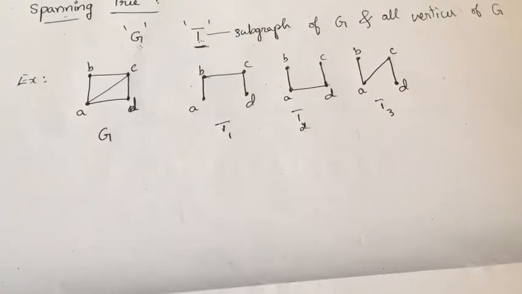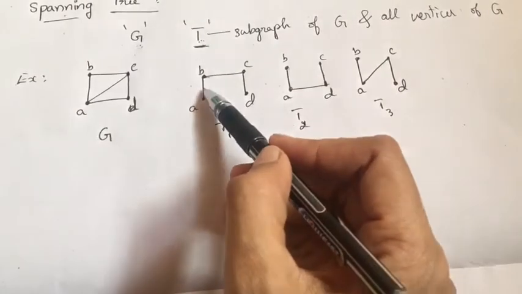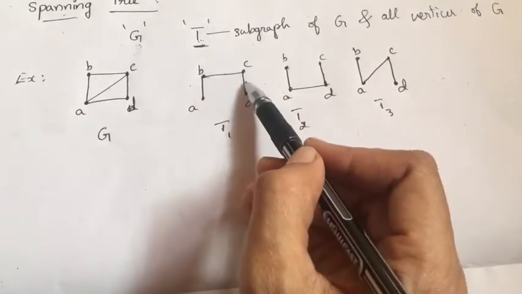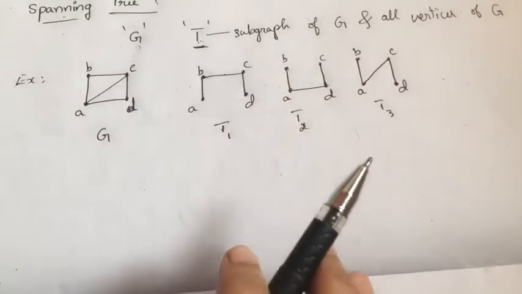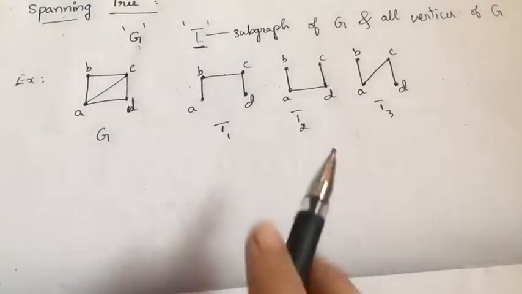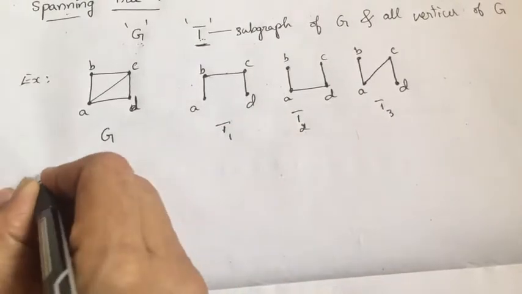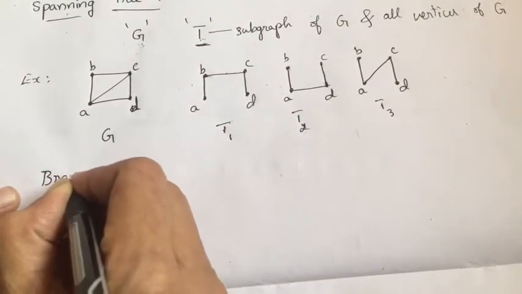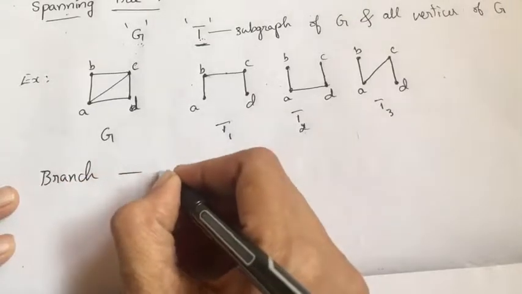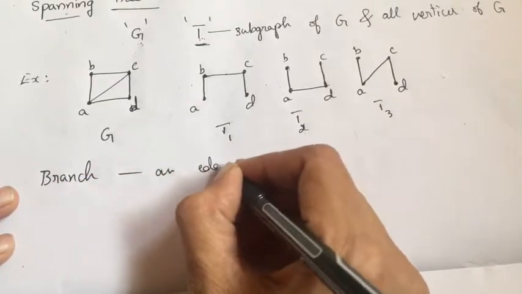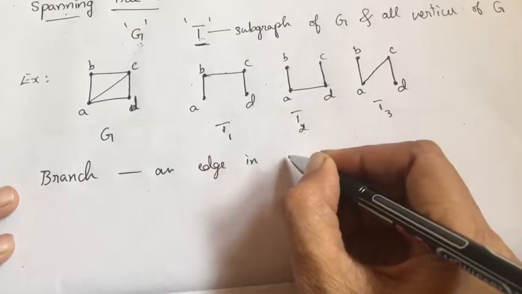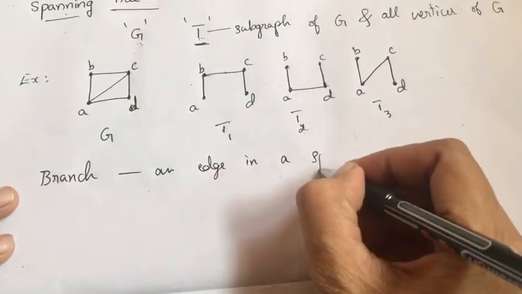In a spanning tree, an edge is called a branch of the tree. Branch is nothing but an edge in a spanning tree.